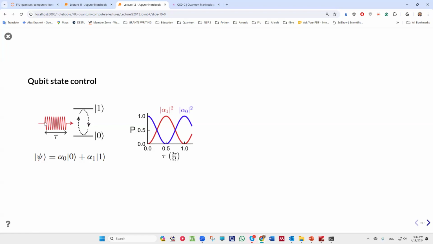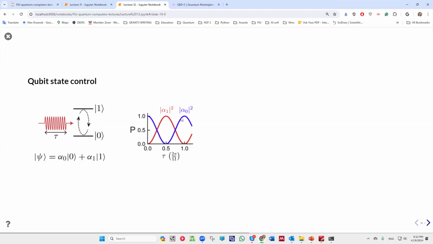Then we send a pulse with some duration tau. And it turns out that if we set this tau to the right amount, we can excite this system to the state 1, the excited state.